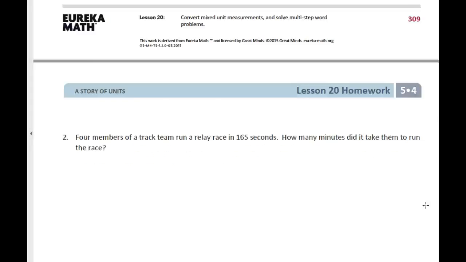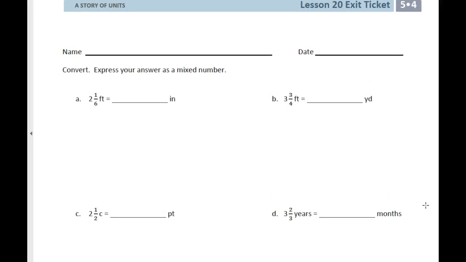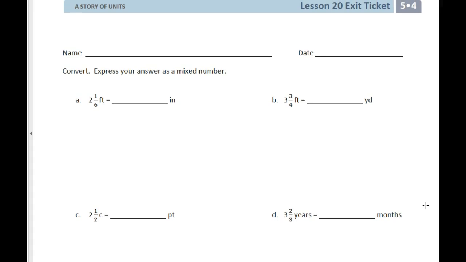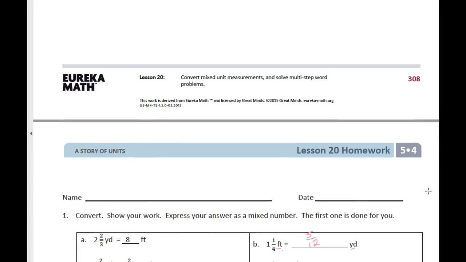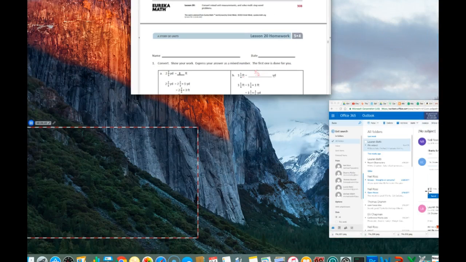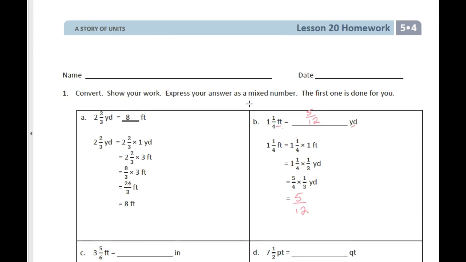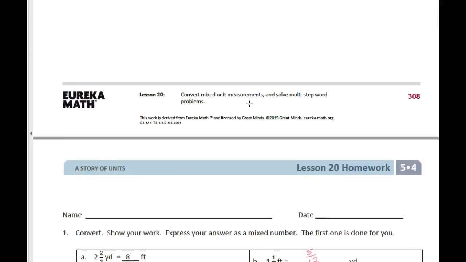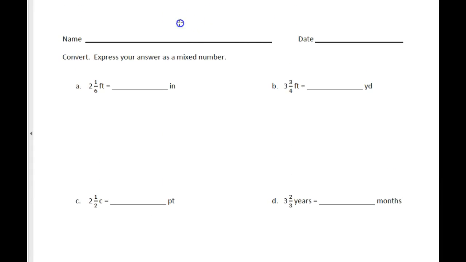Let's take a look at the homework problem for tonight. Express your answer as a mixed number. So these ones, it's the same thing. And if you want to look at this example again, you can go back to the beginning of this video and look at these examples as far as showing the steps. I would like you to pick one.